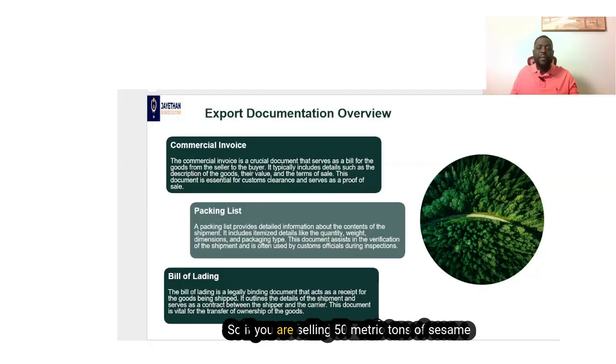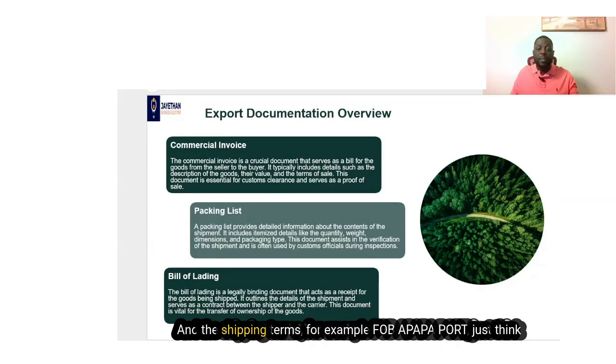So if you are selling 50 metric tons of sesame seed to a buyer in Germany, the commercial invoice will show 50 metric tons sesame seeds, the price per metric ton, which could be $1,200, the total, which would be $60,000, and the shipping terms, for example, FOB Apapa ports. Just think of it as the receipt your buyer uses for payments and customs.